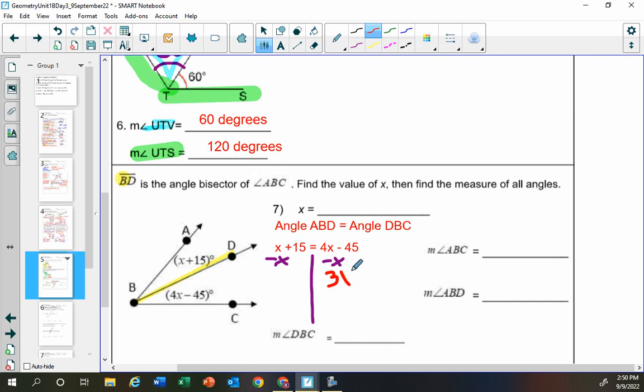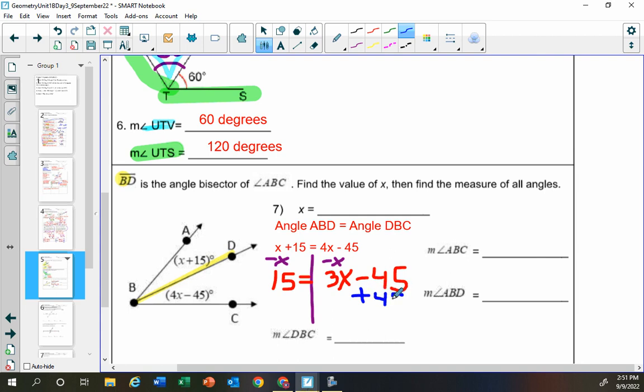So 3x minus 45. Well, we have 15. You divide 3 by negative, no, add 45. You've got to add 45.